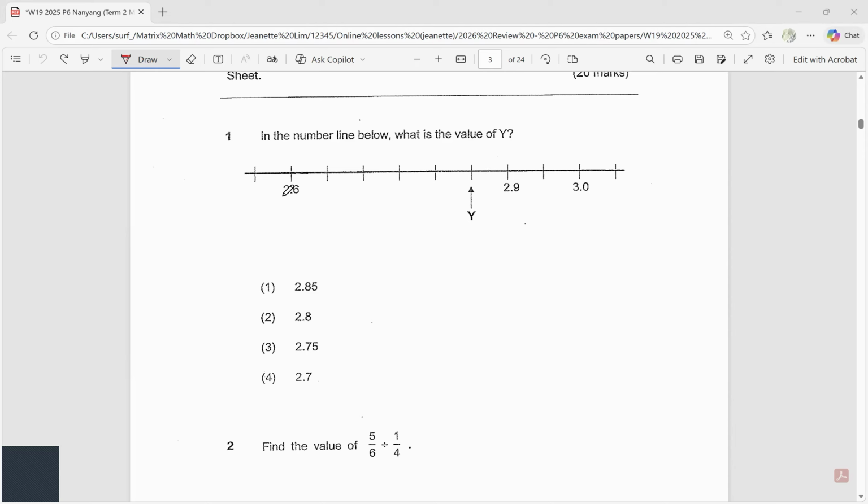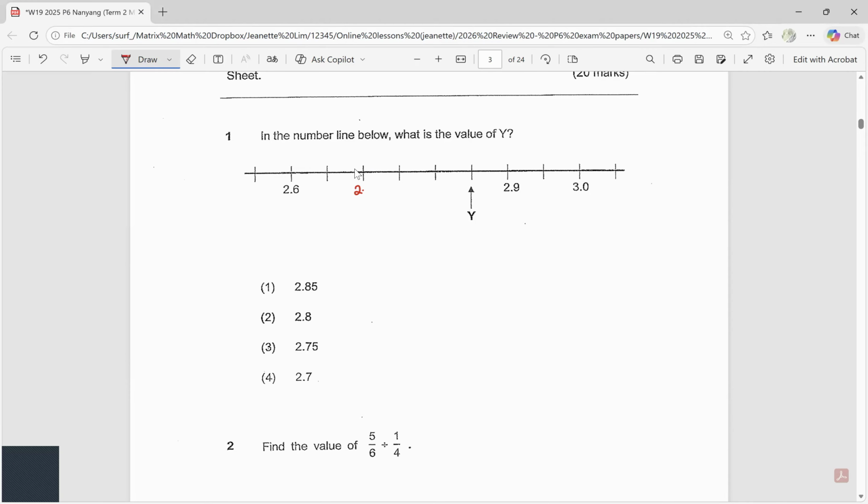So between 2.6 and 2.9, there is an increase of 0.3, which means that every increment of 0.1 is 2 intervals apart. Okay, so 6 intervals, every 2 intervals will be a 0.1.